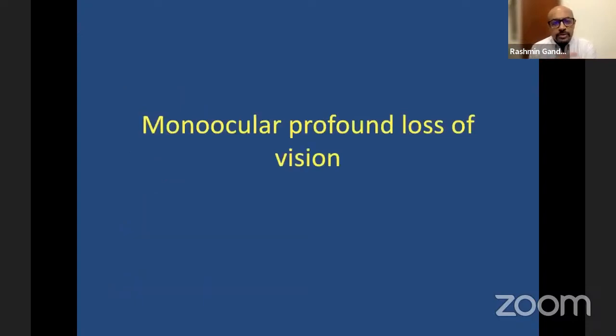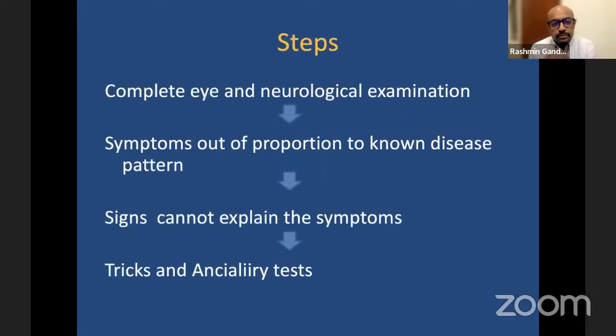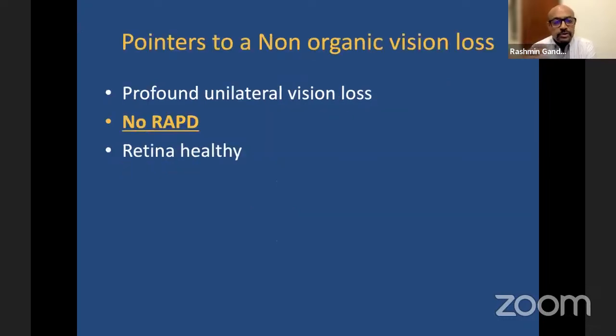So let's start with a person who comes to you with a monocular profound loss of vision. The steps involved would be to have a complete ocular and neurological examination done. Now, if you find at the end of this examination that symptoms are out of proportion to known disease pattern and the science cannot really explain the symptoms, that is where we resort to the main meat of our examination, which is tricks and ancillary tests in these patients with non-organic vision loss.